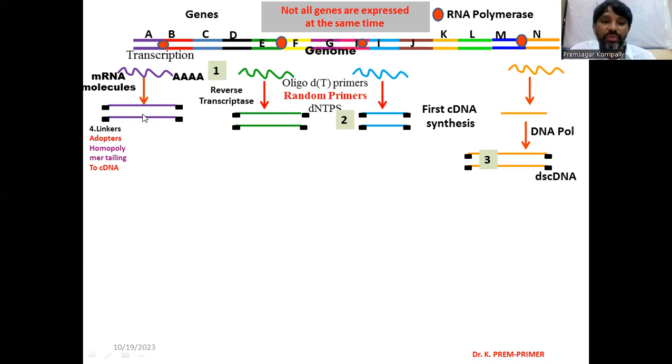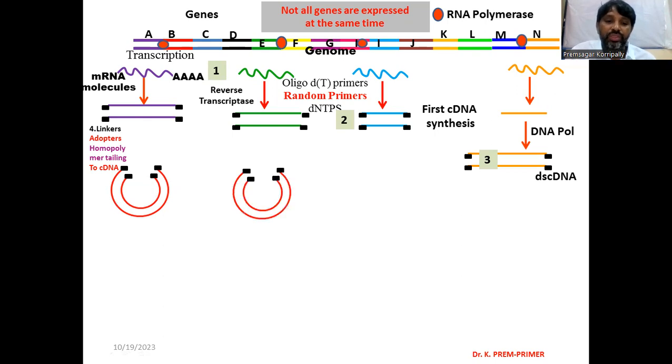So now the next step is the linearized vector. You can use plasmid vectors or you can use lambda phage based vectors, which are insertional vectors or replacement vectors. That depends on the choice of the investigator. Here, the vector is linearized and the linearized vector has compatible ends.